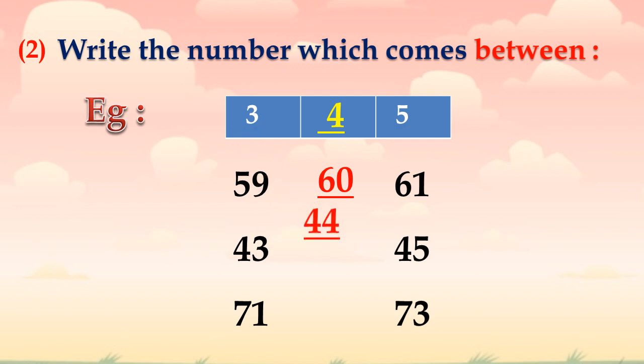Which number comes in between 43 and 45? The number 44 comes in between the numbers 43 and 45. The next one is which number comes in between the numbers 71 and 73? The number 72 comes in between the numbers 71 and 73.